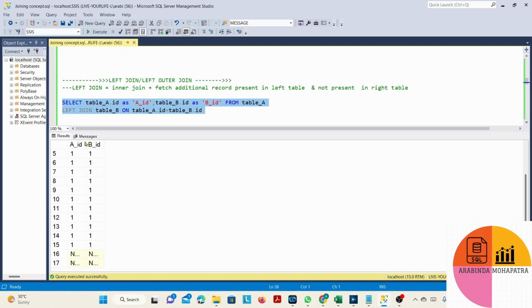Let's look at the null values. These nulls are present in the left table, and these nulls on the right side appear because there is no corresponding value from table A, which is why the value comes as null. So these nulls are not equal to each other. In SQL, null cannot be equal to null, although it looks similar.